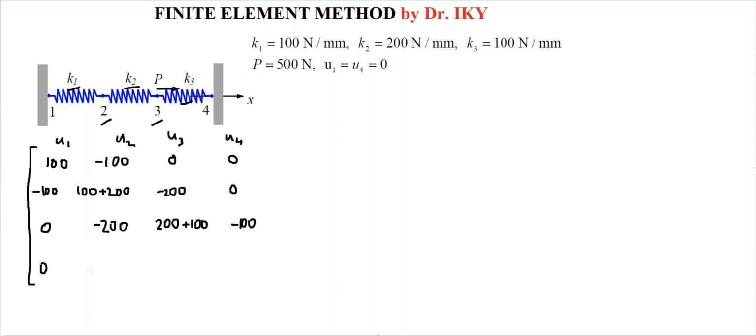There is no connection with the first node, there is no connection with the second node, and we will write minus 100 and 100 here. This is the global stiffness matrix for our 3 serially connected springs and 1 external force at the third node.